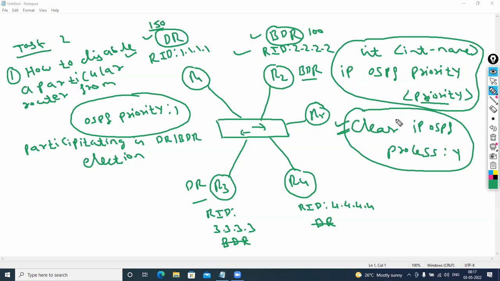I hope this is clear about DR BDR election. Please complete this task and submit it by today. Done?